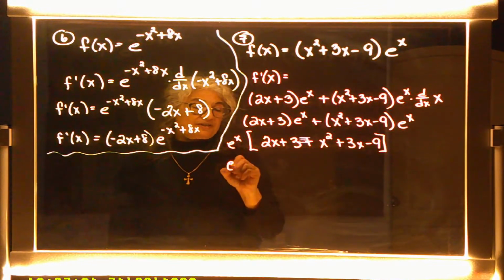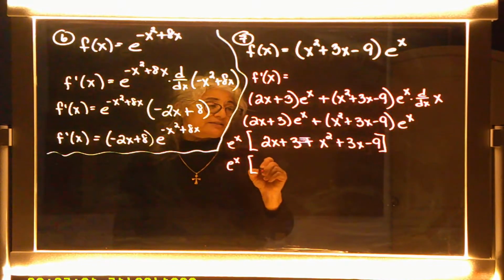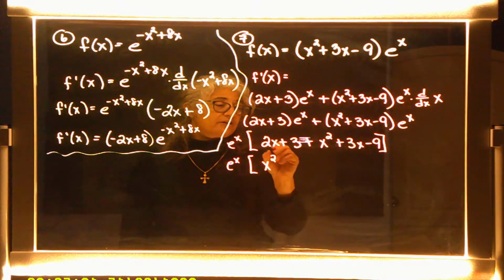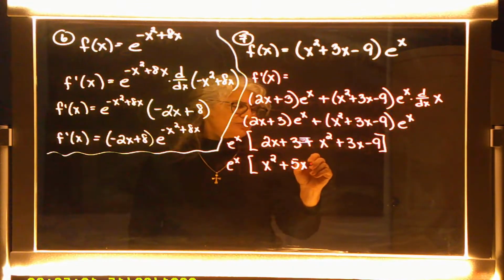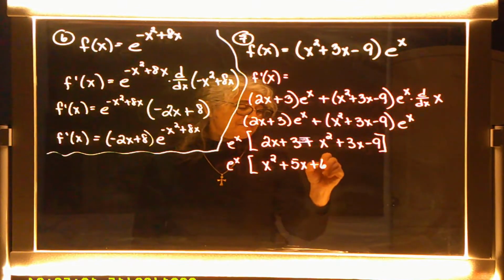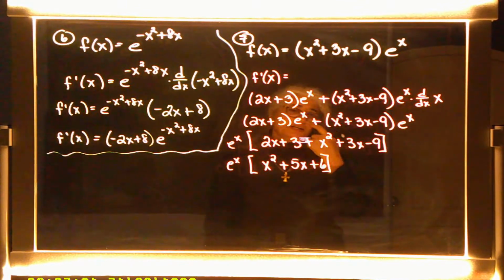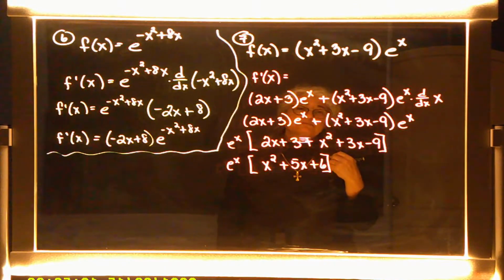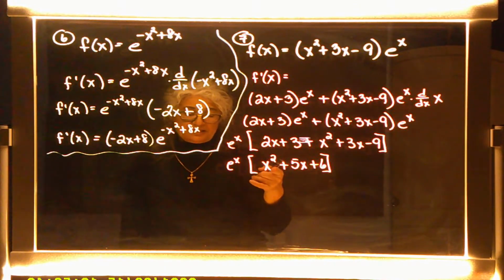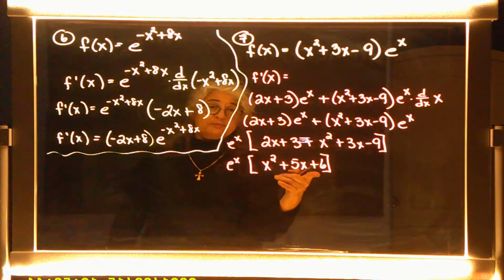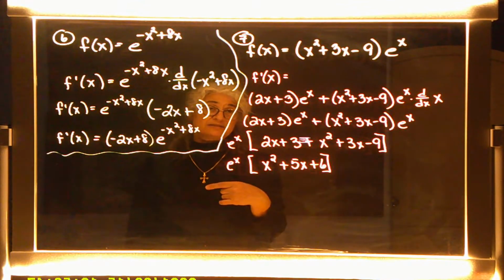Well, clearly there are things that I can combine in these brackets now. We'll have an x squared. We'll have a 5x. And it looks like we have what? Plus 6? Right? You with me? Okay. Well, you know, interestingly enough, that would probably factor, wouldn't it?